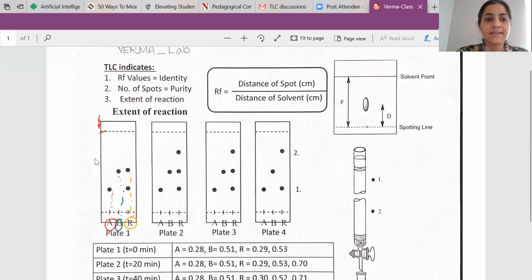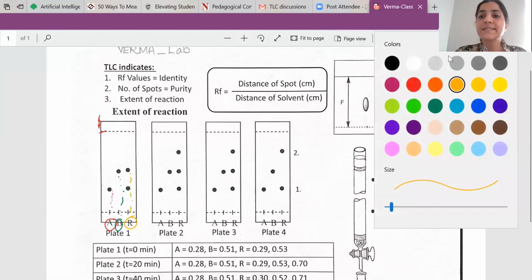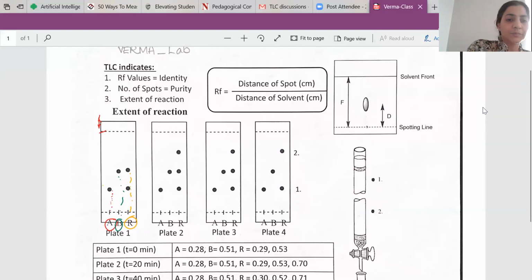Looking back at this TLC plate, the distance that the spots have moved from the line of origin up here are very similar, meaning a similar Rf value. The scientific way to say it is, because the spots have the same Rf value, they are identical.